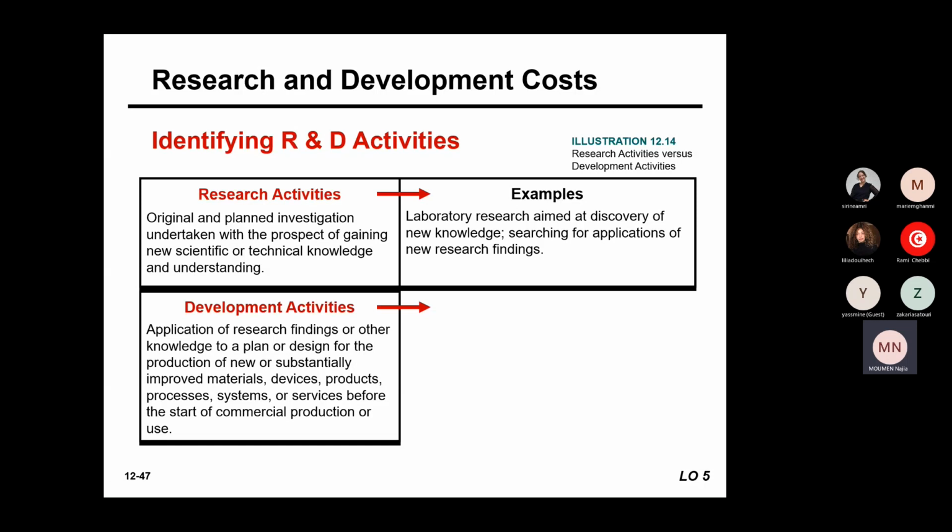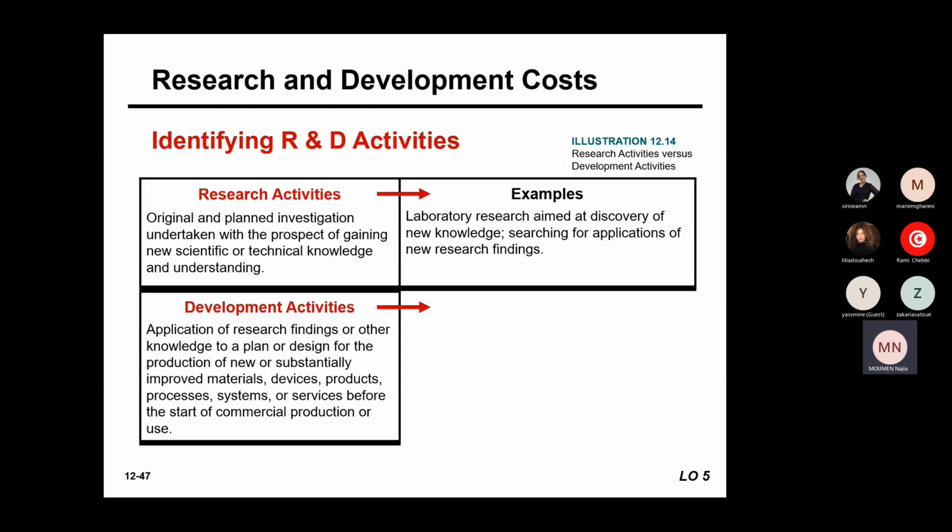So in the development phase, we start the application, the use of what we developed theoretically, for example a formula, composition, etc. And we start testing for this. When we start testing and applying this research finding to a plan or design of a new product, or to improve any materials, or to develop a new vaccine, etc., this is when we start talking about development activities.